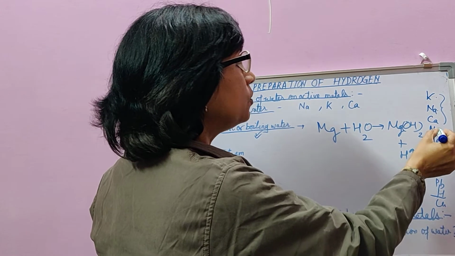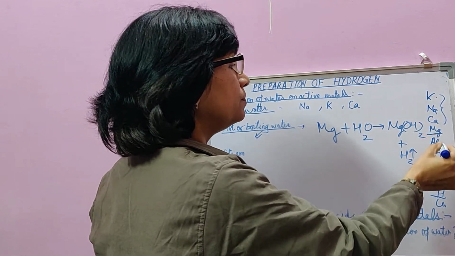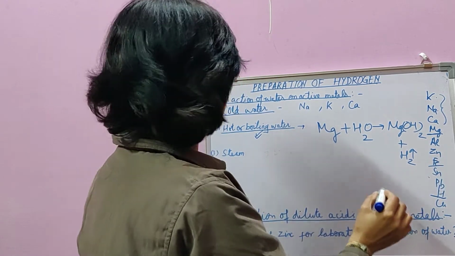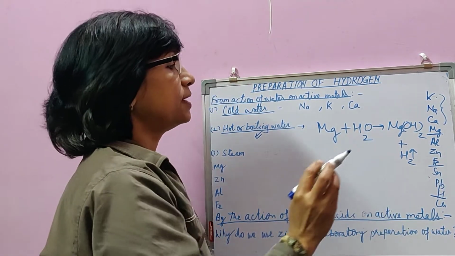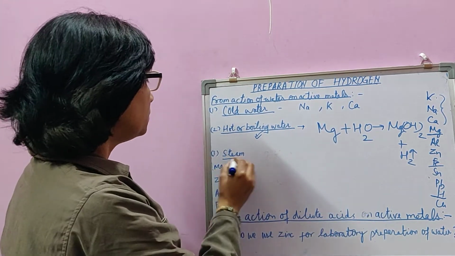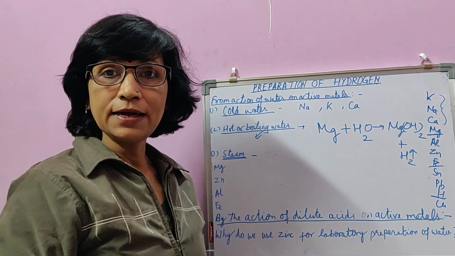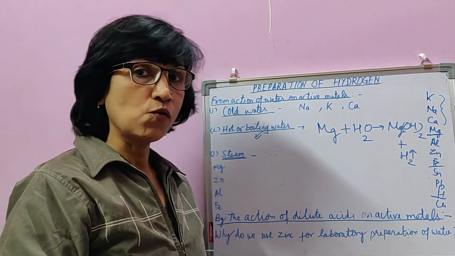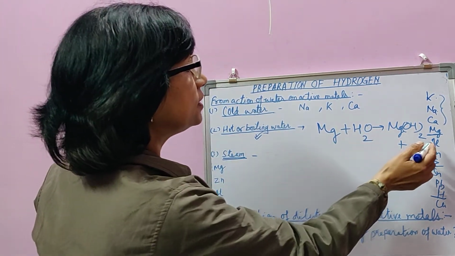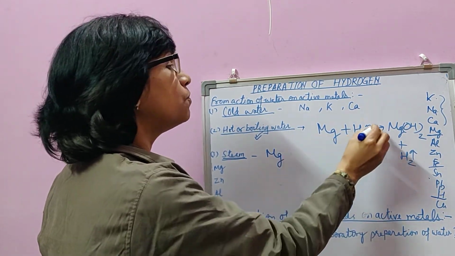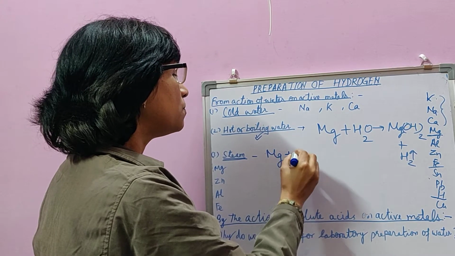The metals below magnesium, like aluminium, zinc, iron, etc., can displace hydrogen not even from boiling water but from steam. You understand that steam has more energy than boiling water. Even magnesium, obviously, if it can displace hydrogen from boiling water, then why not from steam?